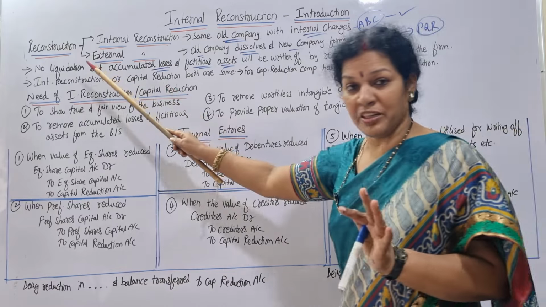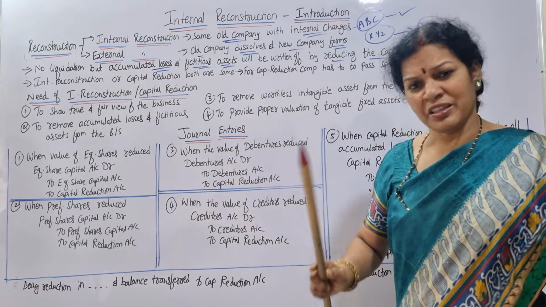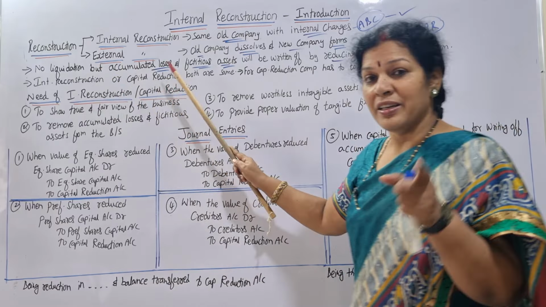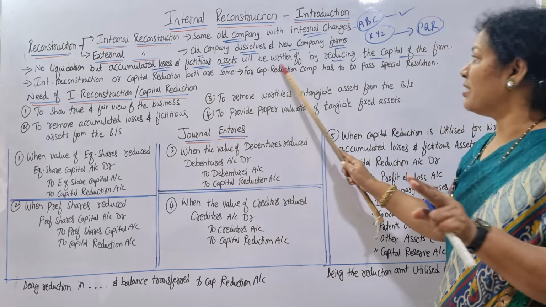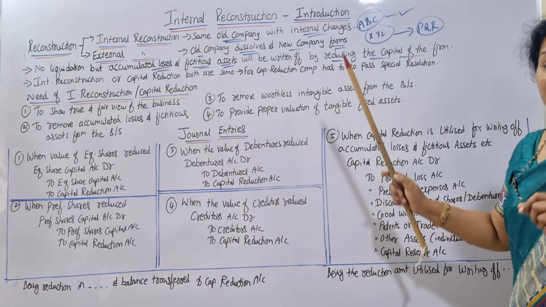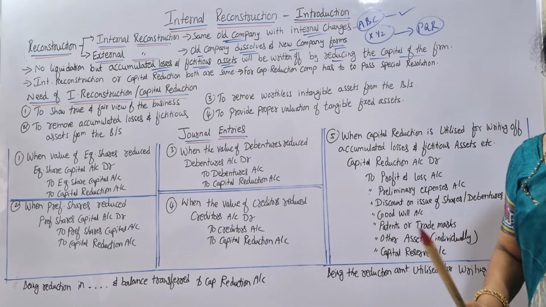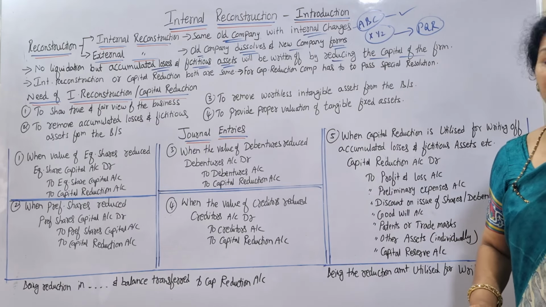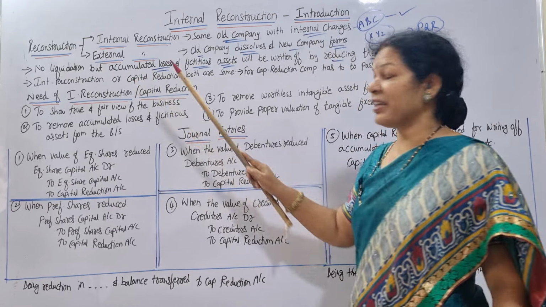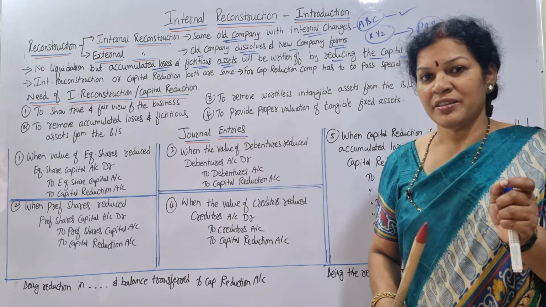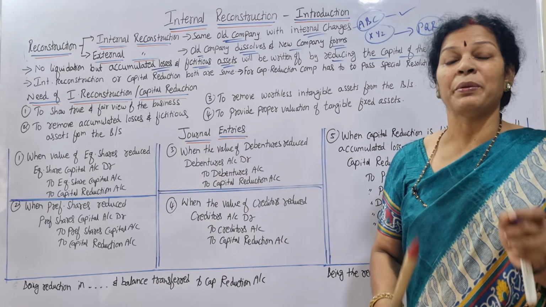Shall I repeat once again? No liquidation here, same company continues, but all accumulated losses and fictitious assets are written off by reducing the capital of the firm. Capital we are reducing. Now here you will say it as internal reconstruction or capital reduction.